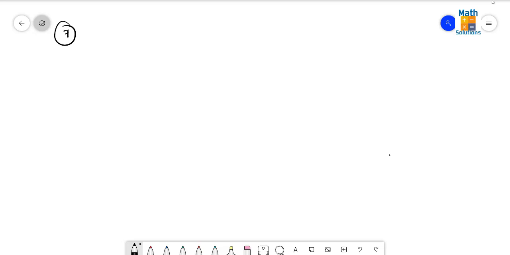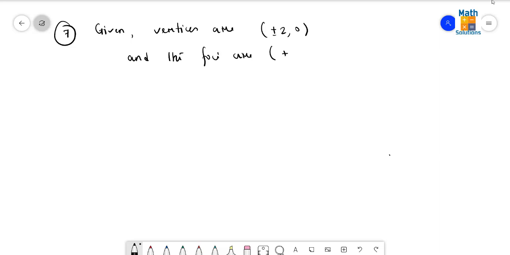Let us see what are the things given. Given vertices are plus minus 2 comma 0 and the foci are, what are these? Plus minus 3 comma 0.